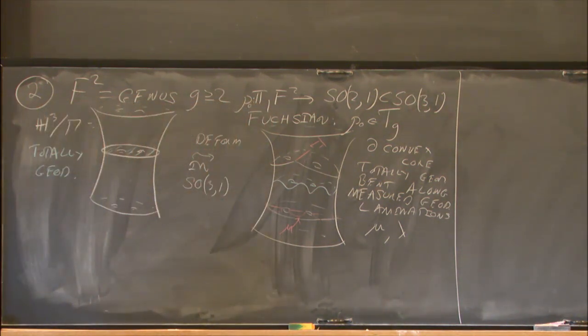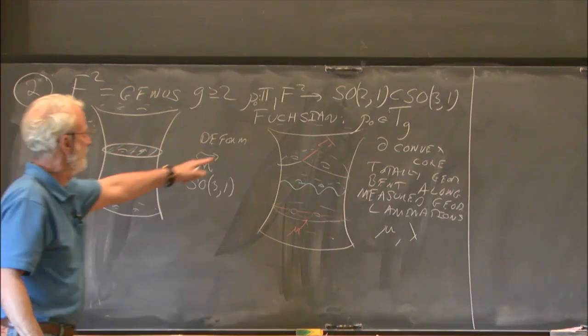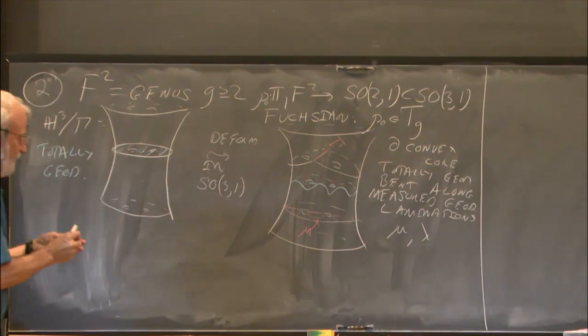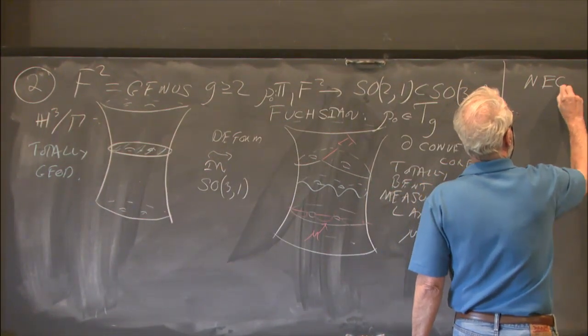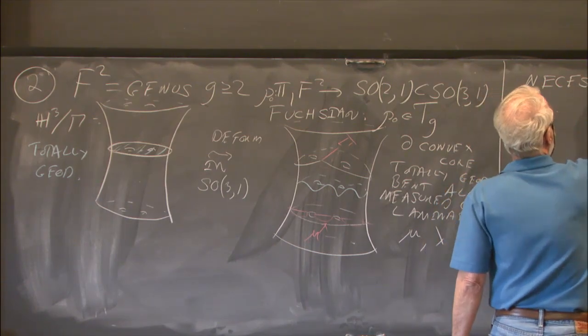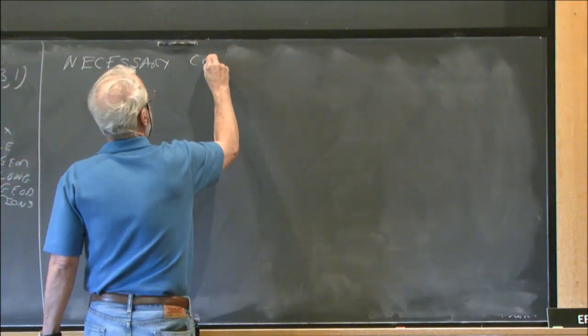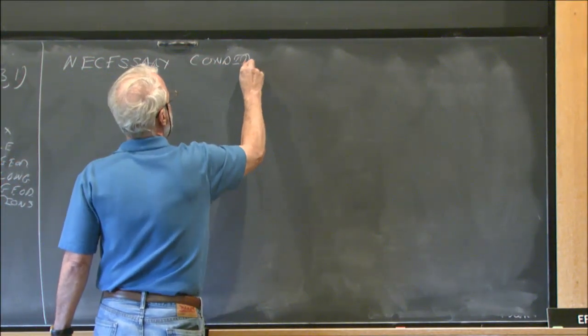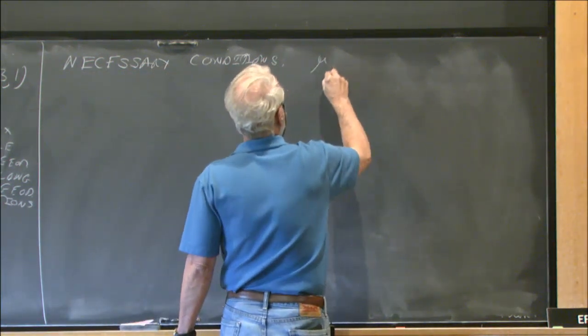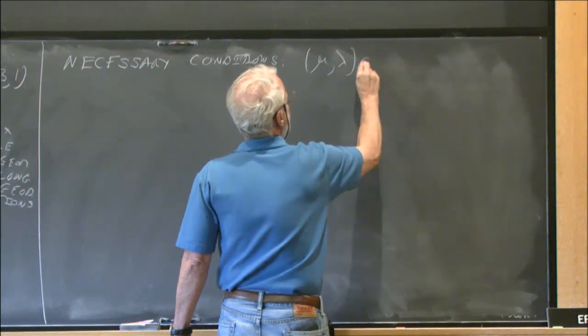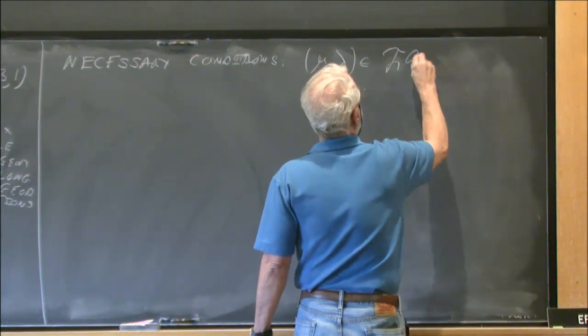It's natural to ask which laminations, or pairs of laminations, actually appear in this form. And there are some obvious necessary conditions: that the pair mu, lambda are what are called filling measured laminations.